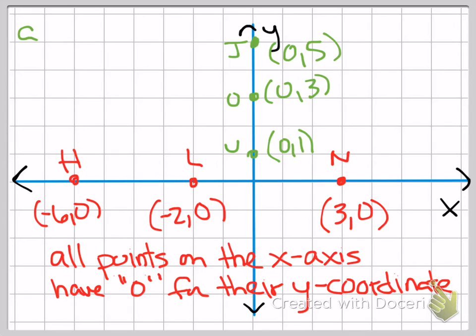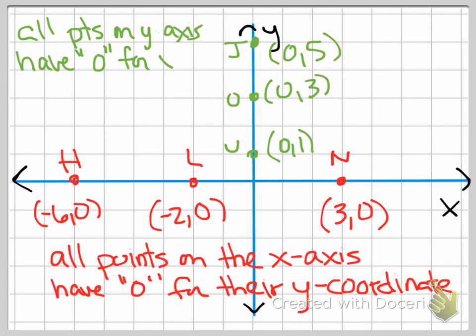You got it, Miss Wilson. All points on the y-axis have 0 for their x-coordinate. Right, Ethan? Yeah. Okay.